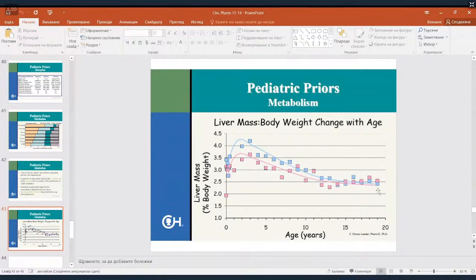And this also means that here we're going to have different concentrations and different first pass metabolism in patients. If you look at this plot with different ages.